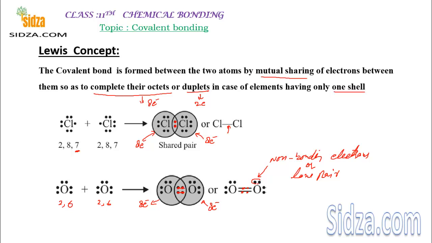This is one electron pair and this is another electron pair, right? Chlorine, if you look here, each chlorine atom has 3 non-bonding electron pairs, or you can say each chlorine atom has 3 lone pairs of electrons, and there's one bond pair here. Correct? This will be called a bond pair.